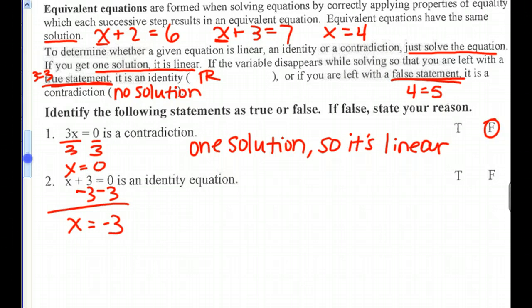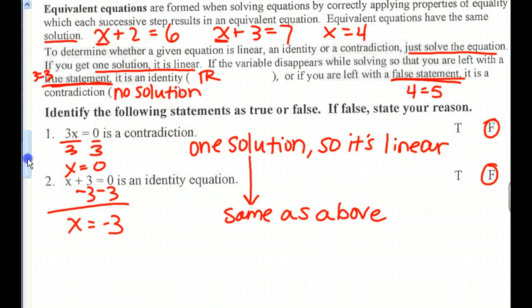Well, it's not an identity, because an identity would be something like 3 equals 3 or 5 equals 5. So that's false. This again is one solution, so it's linear. You can just put same as above or something like that. And what I would do is cross this off and cross this off. This should be linear equation.